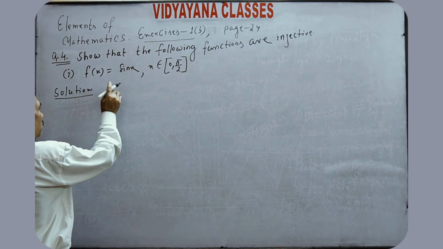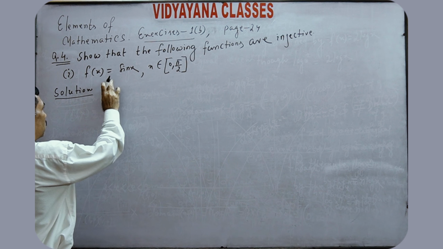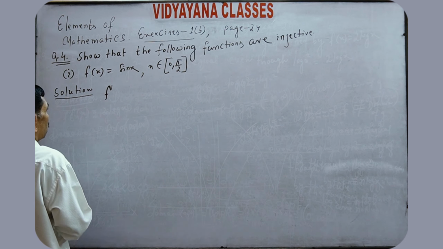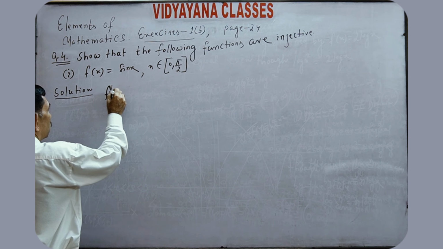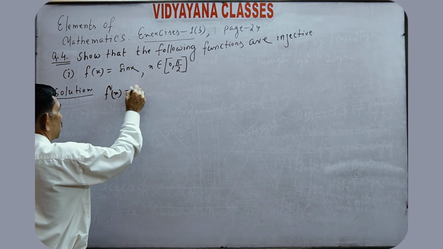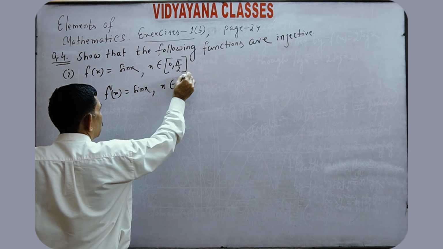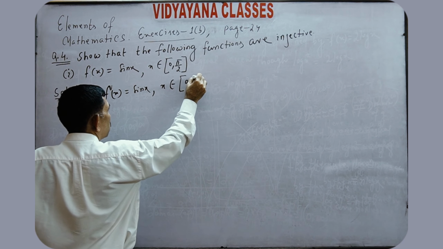f(x) is equal to sin x, x belongs to closed bracket 0 to pi by 2.